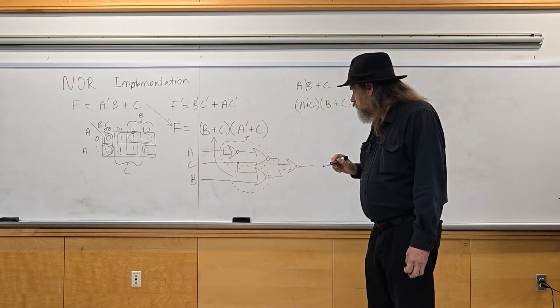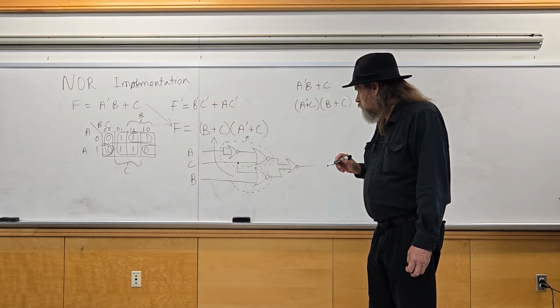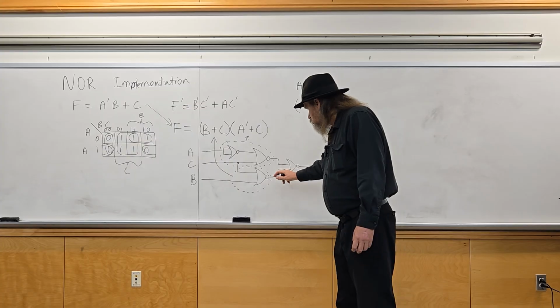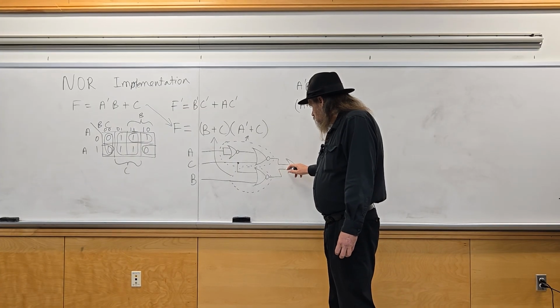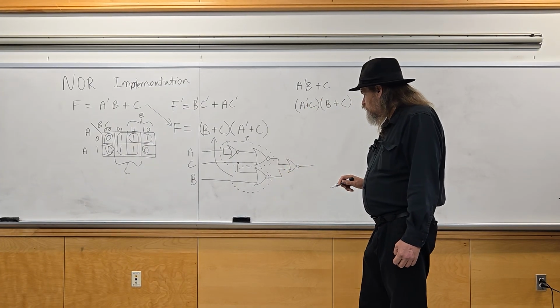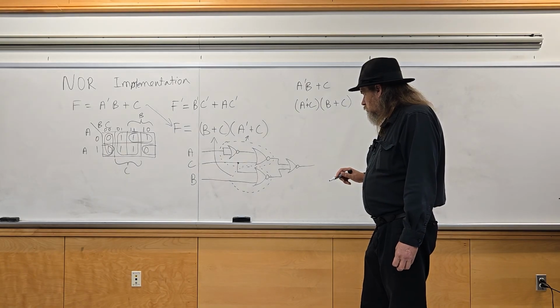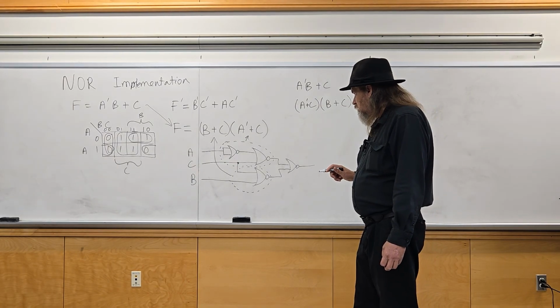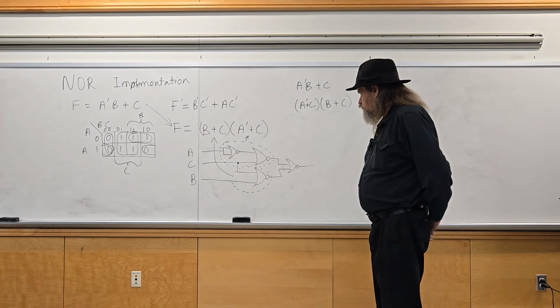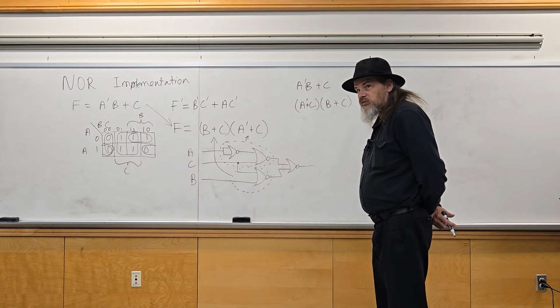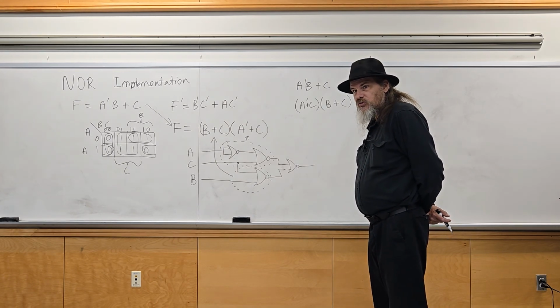We take the output coming from B or C, we use the NOR gate. Also NOR the output from A prime or C, B or C. Mm-hmm. Yeah, you're inverting the outputs from both of those OR gates.